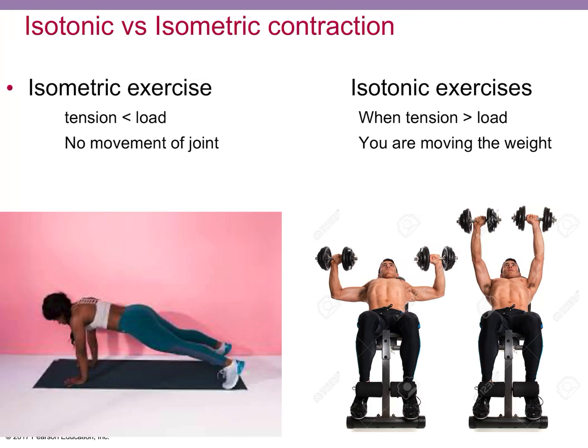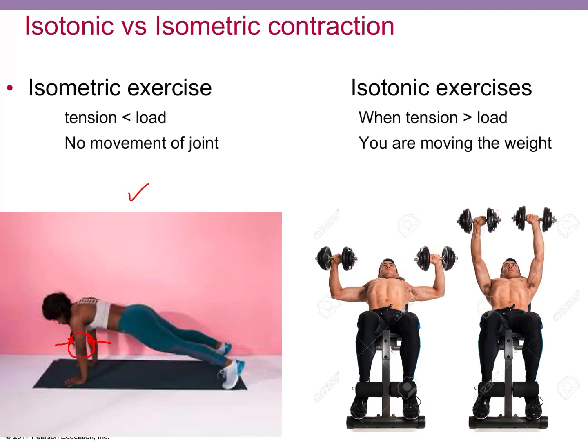So if that's hard to understand, you can just think about being in a plank position, right? So if you're in a plank position, you know your muscles are working. They're holding your body up. Both, if we just talk about your arms, right, both your biceps and your triceps are contracted, but there's no motion at the elbow. Your elbow's not moving, and the muscles are not changing length. So that is isometric contraction.